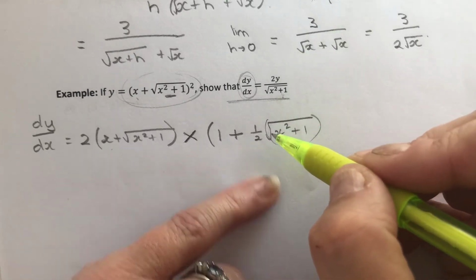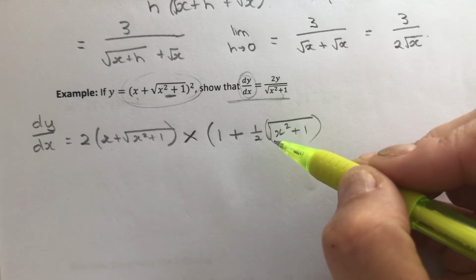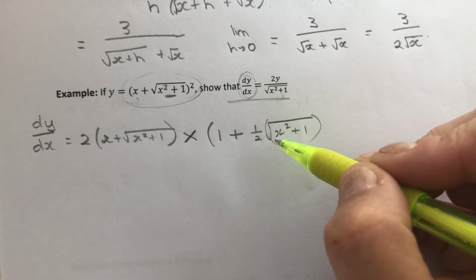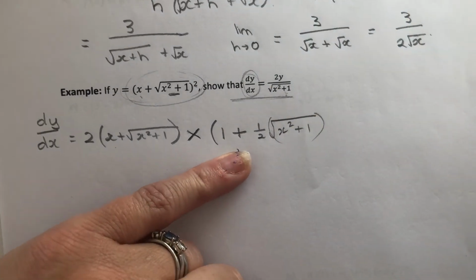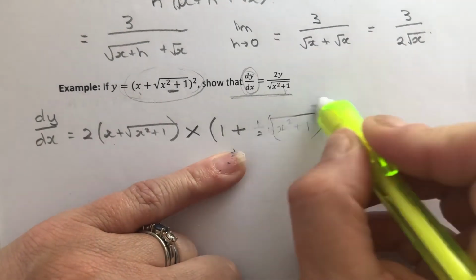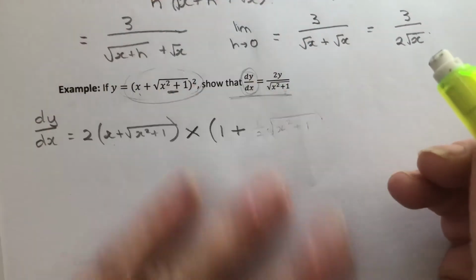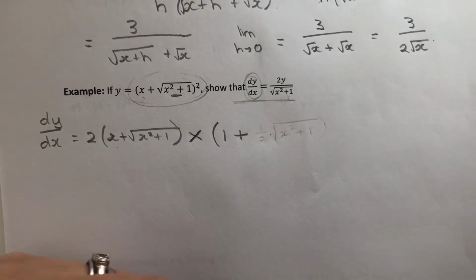Why did I do a half? Chain rule is... Yep, okay, sorry. You've probably gone ahead of me now, which is great. I've confused myself. Sorry.